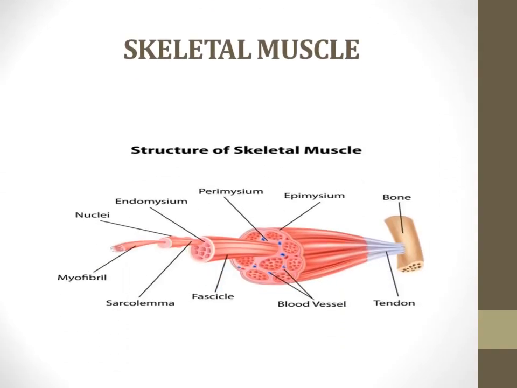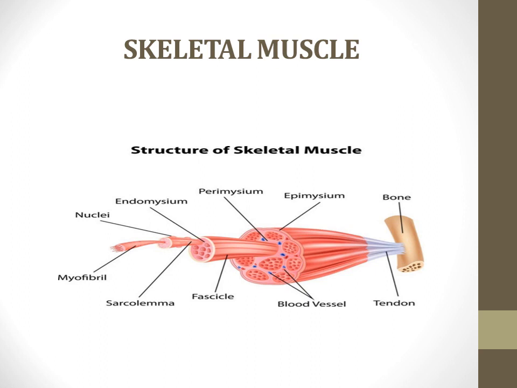The first one is skeletal muscle. As we said, it is attached to the bone. That's the first point, right? Can you look into the figure? As we said, it is made up of many fibers. We can also call these striations, stripes.